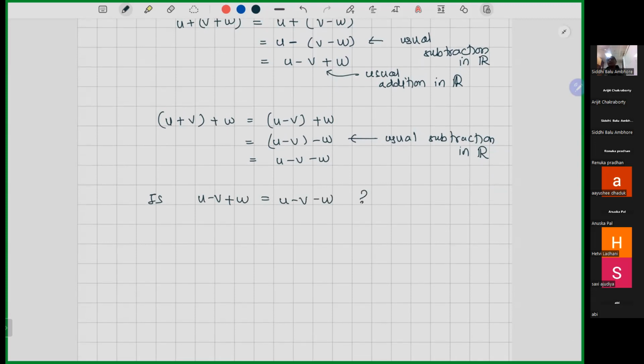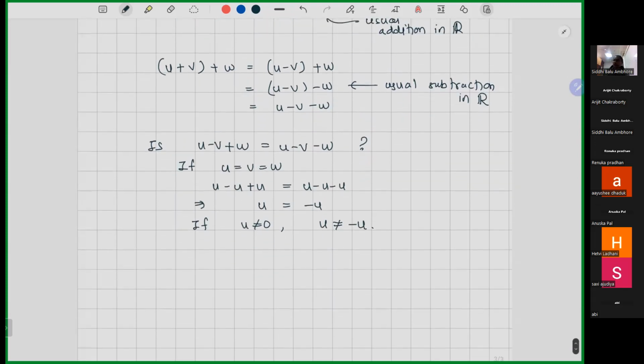If we take U equal to V equal to W, then what will this be? U minus U plus U, which is equal to U minus U minus U. So this will be U equal to minus U. But we know that if U is non-zero, then U is not equal to minus U, right?